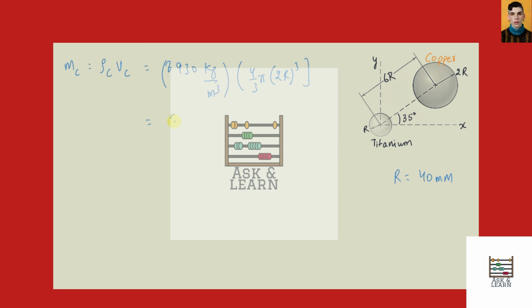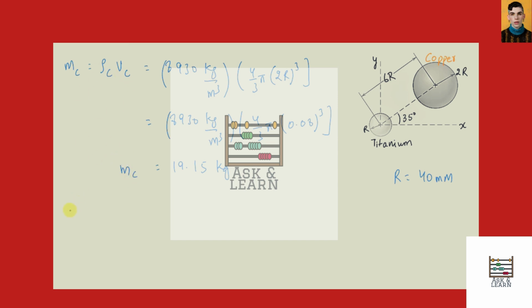Now we can put the values: 8930 kg per meter cube times 4 by 3 pi times 2 times r is 80 mm, but we have to take the values in meters, so it will be 0.08 cube. So we're going to simplify this and we'll get the mass of copper as nearly 19.15 kg. So this is the mass of copper.